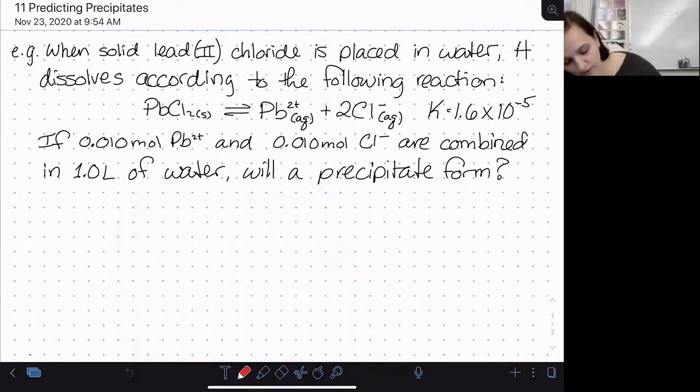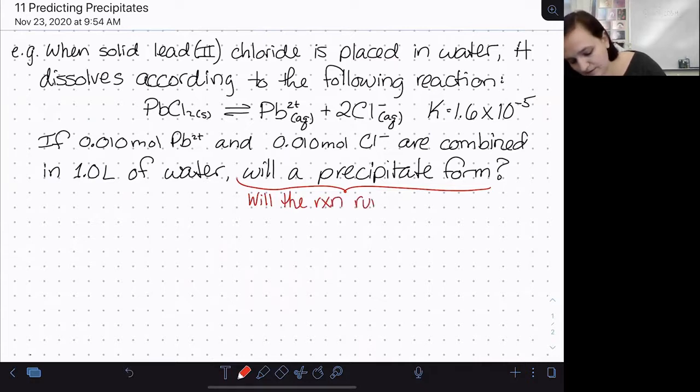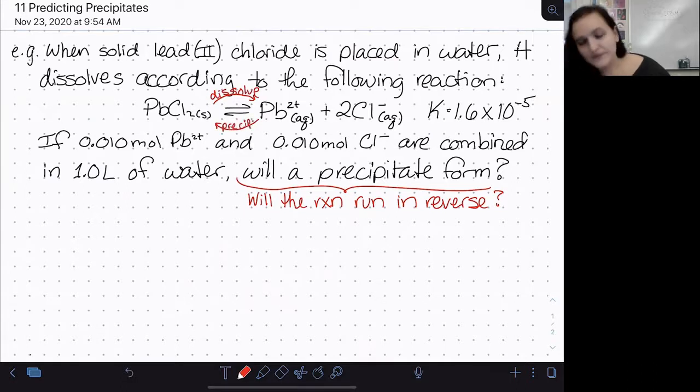So will a precipitate form is really asking you, will the reaction run in reverse? Whenever we are talking about a solubility equilibrium, the forward reaction is dissolving, the reverse reaction is precipitation.